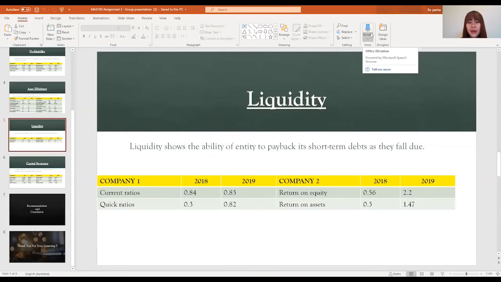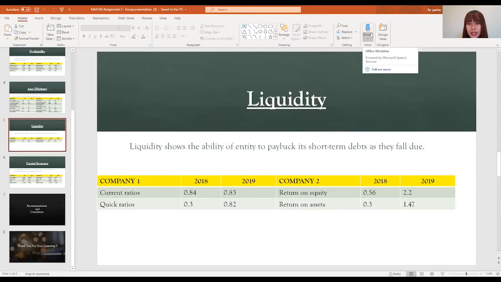The minimum for the quick ratio is 0.8. Any value lower than 0.8 indicates low liquidity in the company, and a value higher than 0.8 means good liquidity. With higher liquidity, the safer the company is financially in the short term.